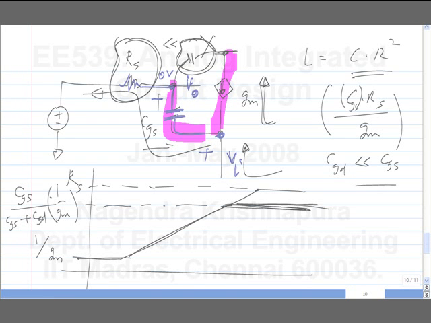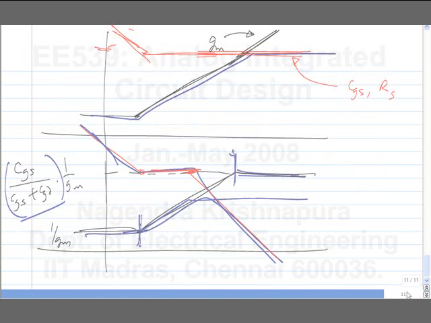Shouldn't there be a 0 in the impedance? Yeah, there is, right? Yeah, that's correct. So it will have 1 zero and 2 poles, right? Sure.